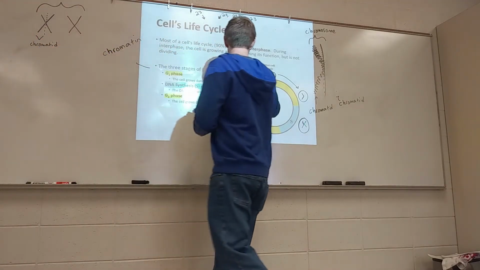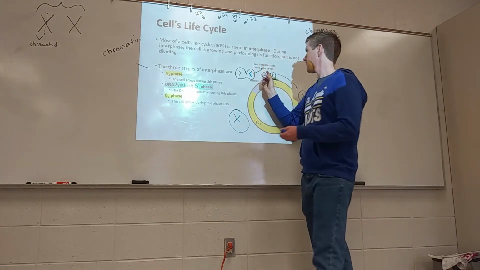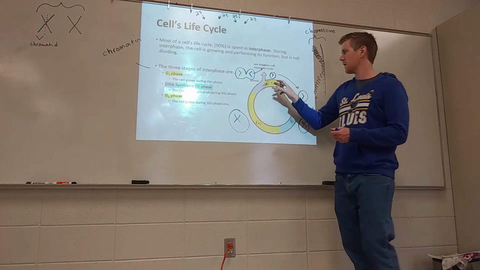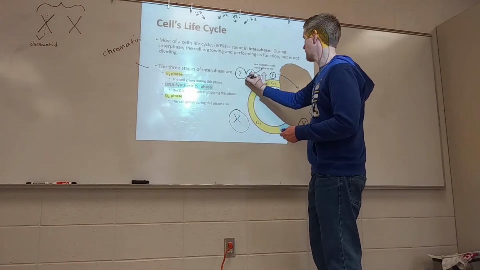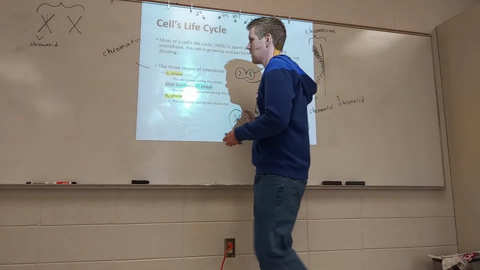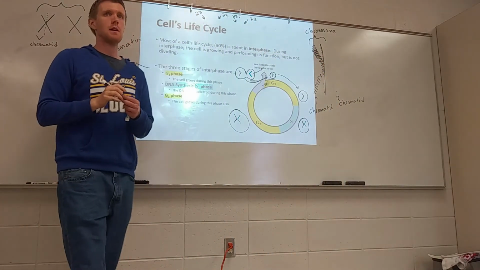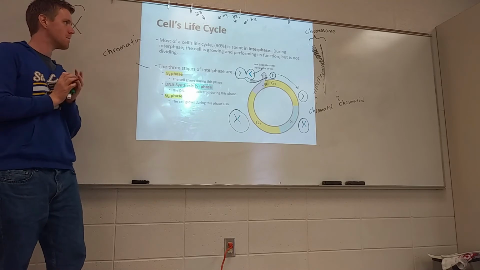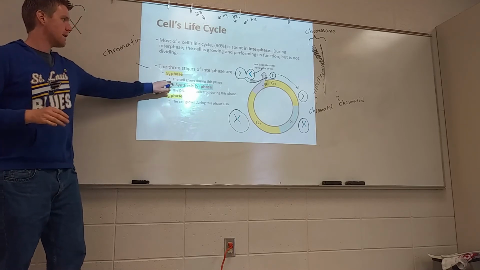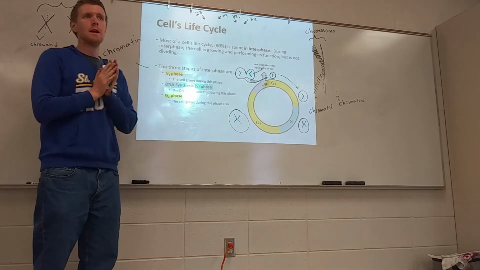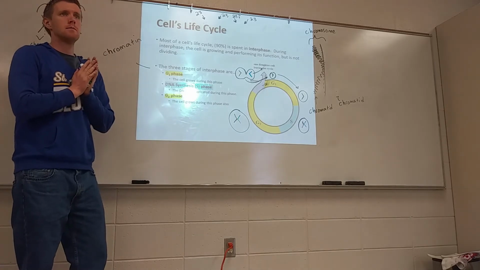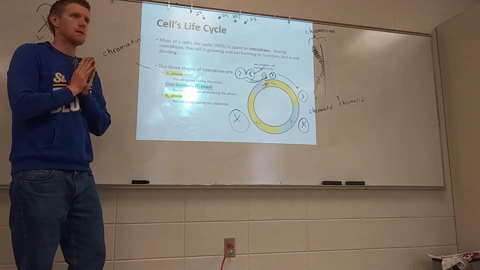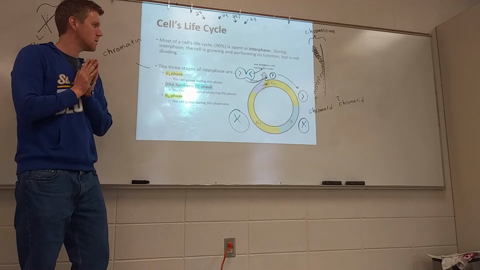One of them goes off, leaves the cycle. The other one, hypothetically, would go through again and divide again, and that's how you have cell division that occurs over time. The S phase, though, that's when DNA gets synthesized or made, and we duplicate that one chromatid.